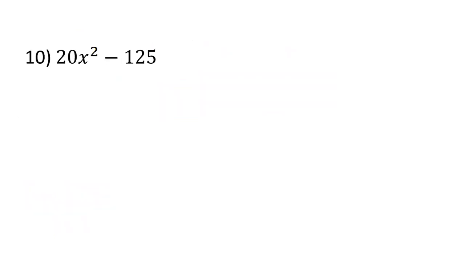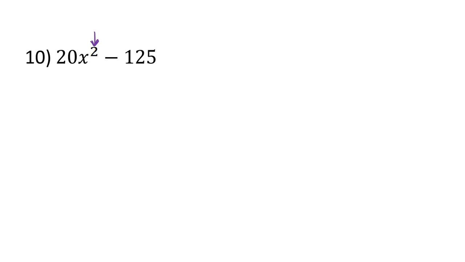So this problem right here has two terms, but notice this time it's a square, not a cube, which means we are doing a difference of two squares. This one, we will need to be square rooting the first term and the second term, not cube rooting, but square rooting.